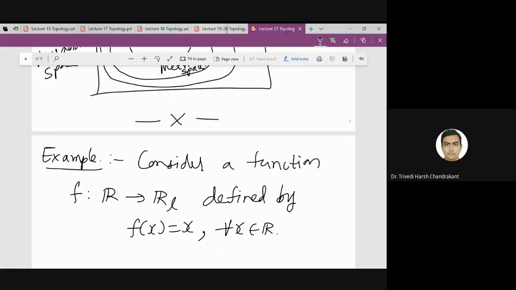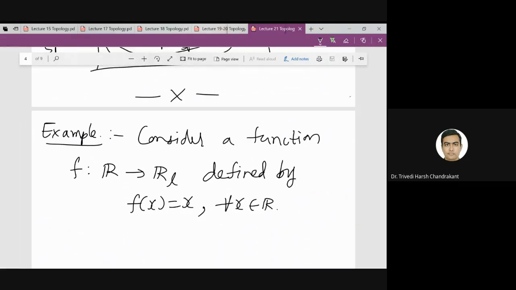Usually we call this type of function the identity function, because it sends the same element to the same element. As I said, R and RL are the same, the elements are the same. The only thing is the open sets are different here. On R we are considering the standard topology, and on RL is the lower limit topology.